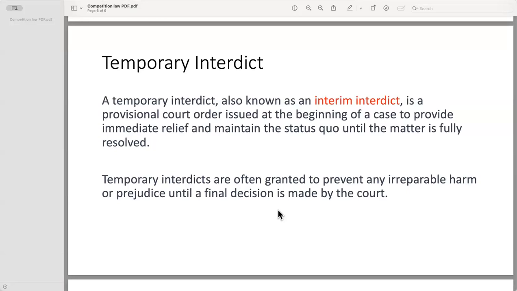Then the tenant can approach a court and say, hey, the landlord has locked me out, I need a temporary interdict that will allow them to unlock the place for me. The court doesn't take into consideration the legalities of the matter. They just want to restore things to the way that they are. So it's like maintaining the status quo until the matter has been fully resolved.